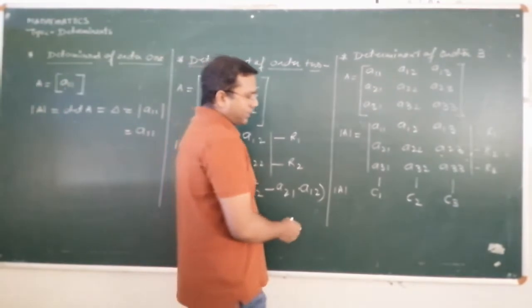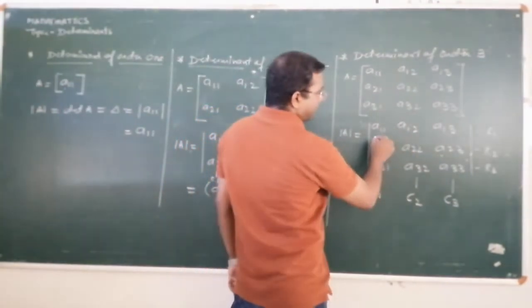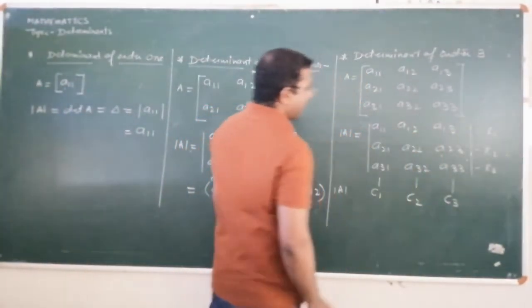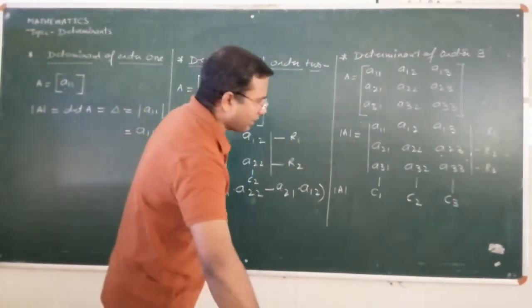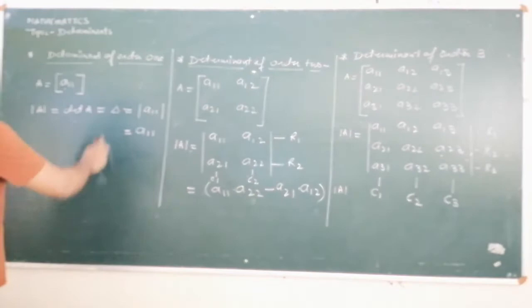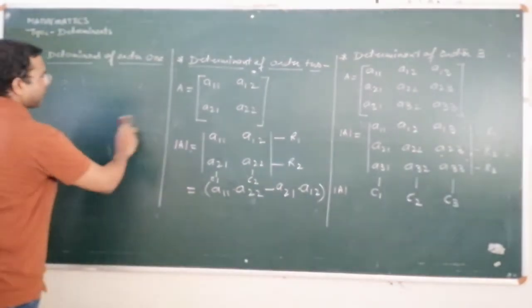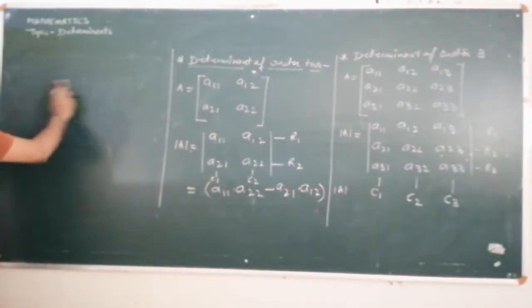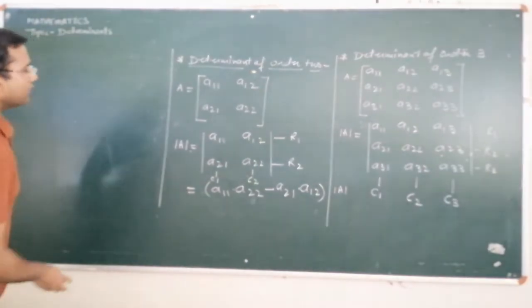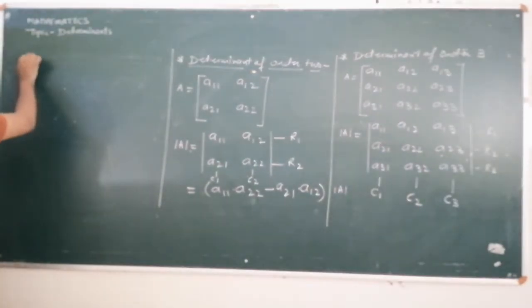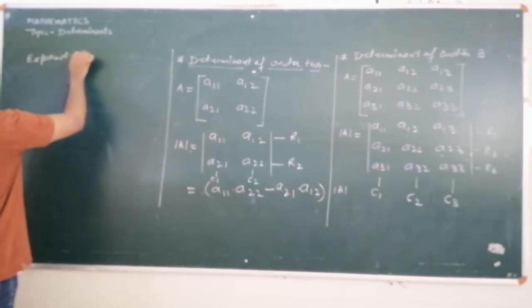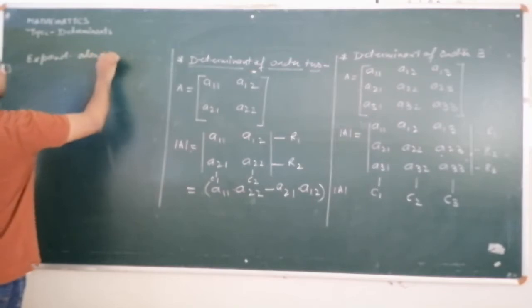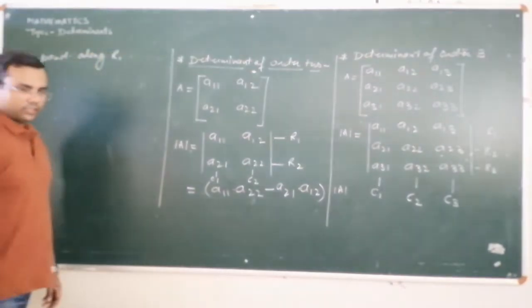So I will explain now how to expand along the row R1 and along the column C1. One by one I am telling you. Let us see. Suppose I am expanding this determinant along R1.